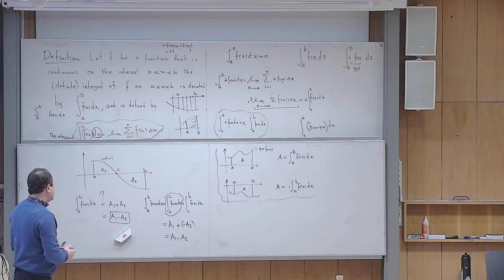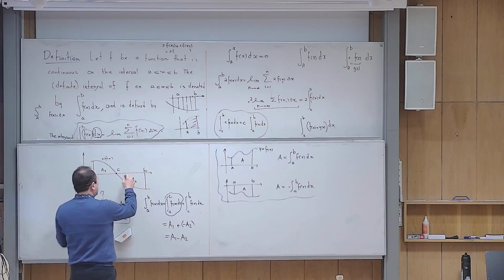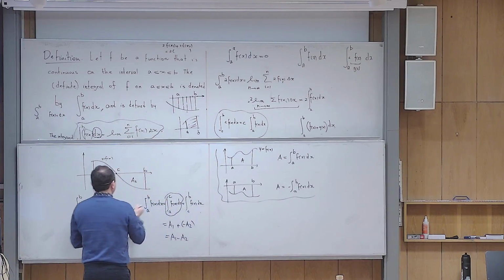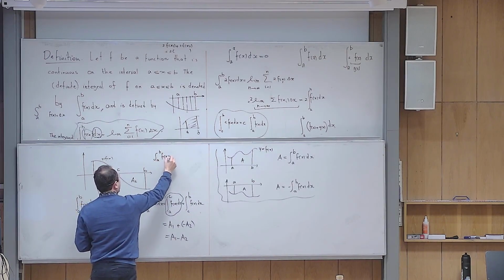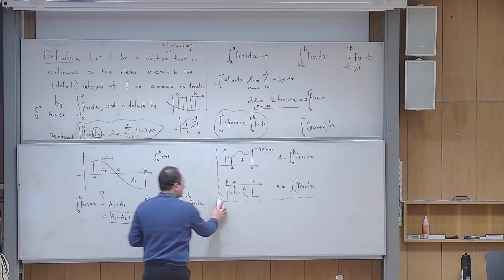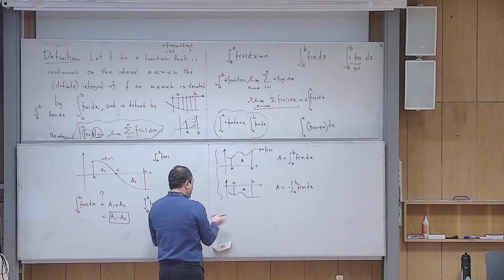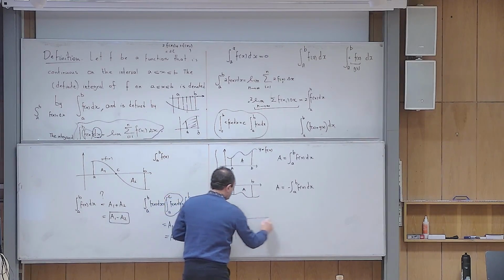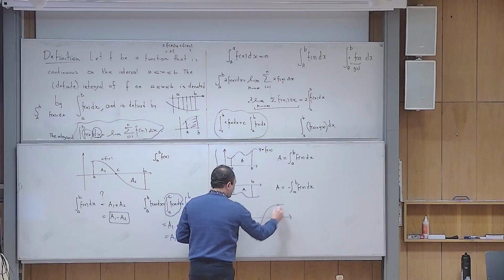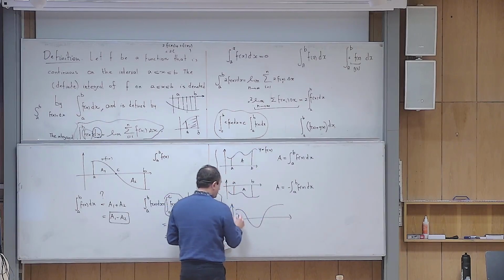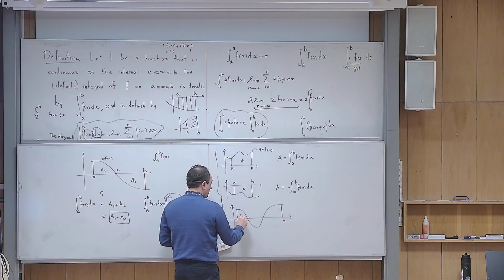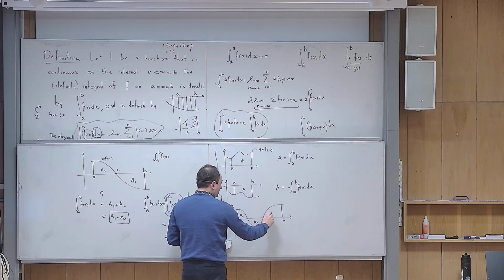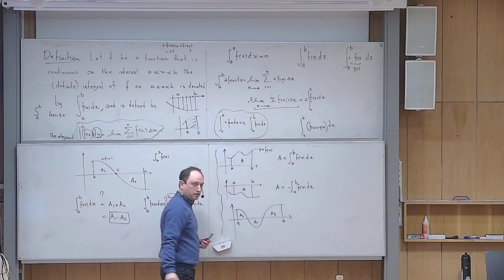Okay? So I think it's good to put this third picture here as well. You just do it yourself. So the integral from a to b of f of x dx. Let me just draw one more picture consisting of all these cases. For example, I start from here, go up to there. Let me take this A, this B, and put area number 1, area number 2, area number 3, and then of course you can continue.